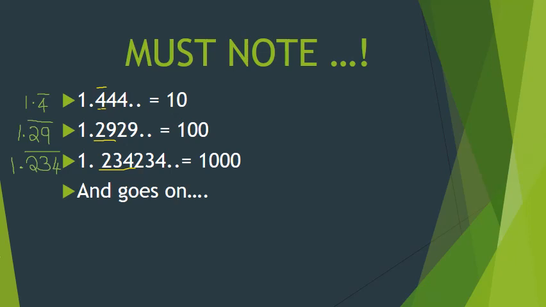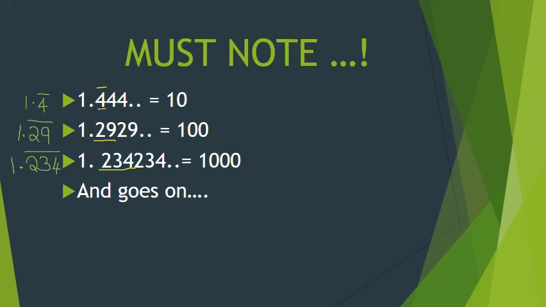So instead of putting dot dot after many numbers, for suppose 4 is repeating 3 times and after 3 numbers we put dot dot, in short, to represent that the number 4 goes on repeating after the decimal point, we can write 1.4 bar, putting a small line on top of the 4 which is repeating, which represents that this number is going on repeating to infinity. So we can say it as 1.4 bar.